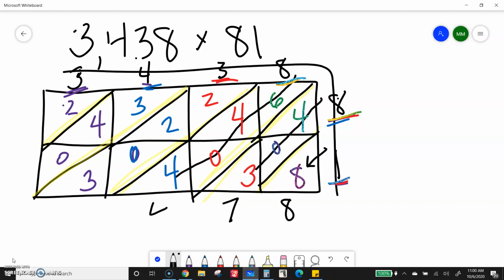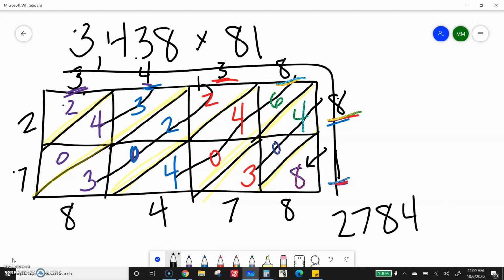Still 10 plus 4 is 14. 1 plus 2 is 3. 4, 5, 6, 7, 8. 3 plus 4 is 7. And then 2. So only needed to carry 1 on that one. Now I have 2, 7, 8. 4, 7, 8. 1, 2, 3, put my comma, 278,478.